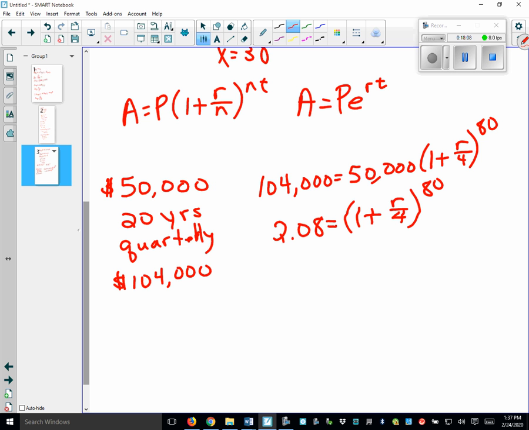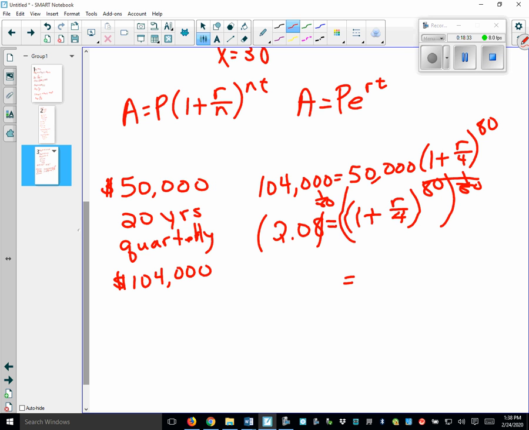I have got to get rid of the fact that something is raised to the 80th power. The only thing I can do is raise both sides to the reciprocal power, which is what? So I raise this side to the 1 over 80, and this side to the 1 over 80.